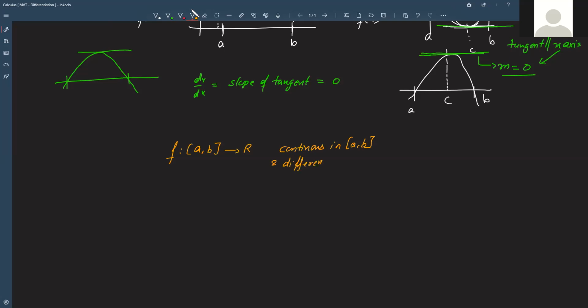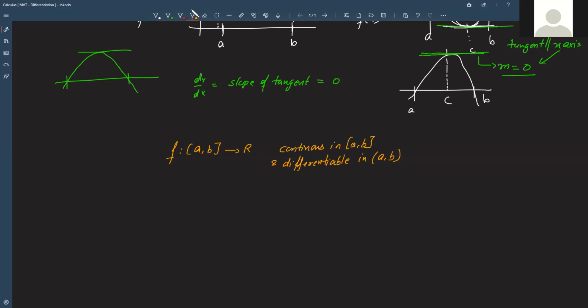So it is both continuous as well as differentiable in the same interval a to b. When we say continuous, we include a and b. When we say differentiable, we exclude a and b.